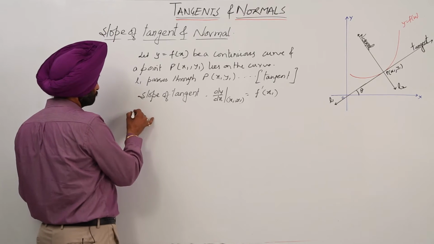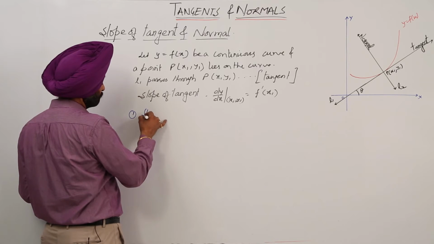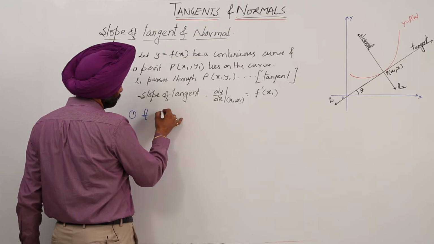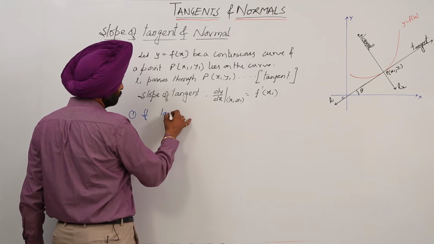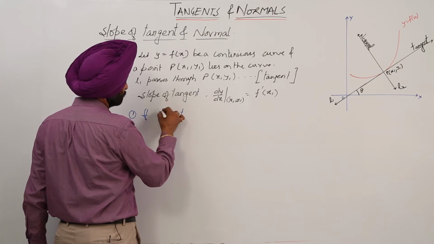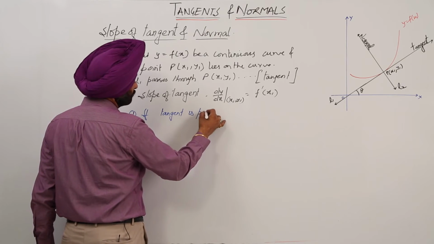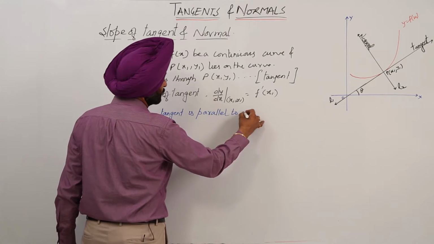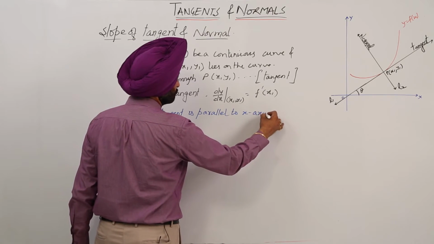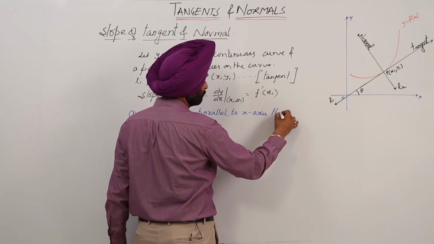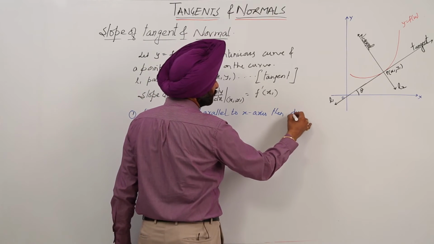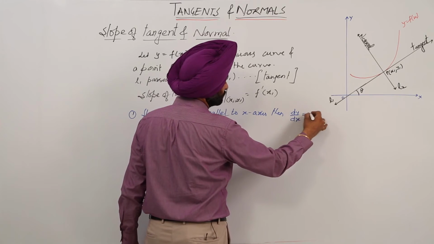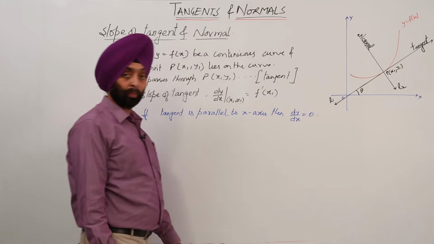Number one, if the tangent is parallel to the x-axis, then dy by dx is equal to 0.